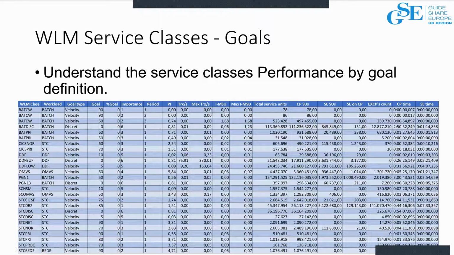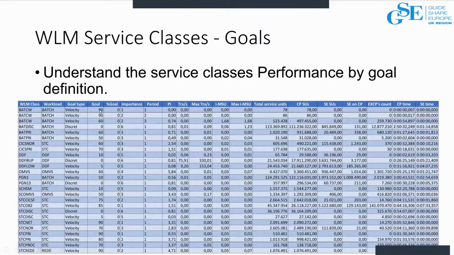Another way to see the consumption KPIs is by the service class and for the specific goals you define. So depending on your WLM class and the different goal types you have on the service class, you have the consumption KPIs for each one of them, for each period. For example, in this first WLM service class, you have 3 periods here, and for each one, you have different values.